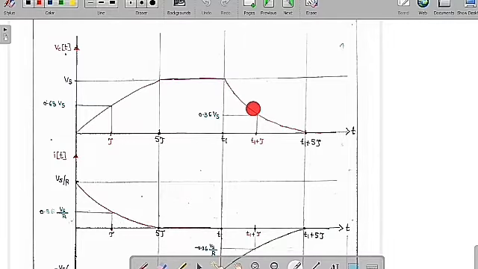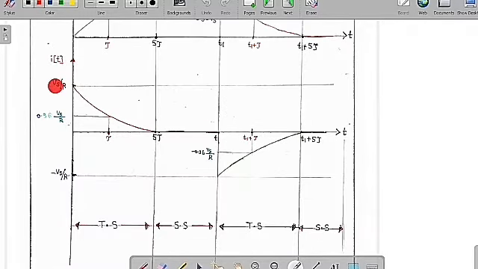This much amount of decay is 63%, but from the initial value it will be 100 minus 63, which is 36, so 36% of the final value. We can say clearly this is 0.36 Vs. Within 5 tau it is going to reach the 0 value. So this is the graph of the charging mode and also the discharging mode.